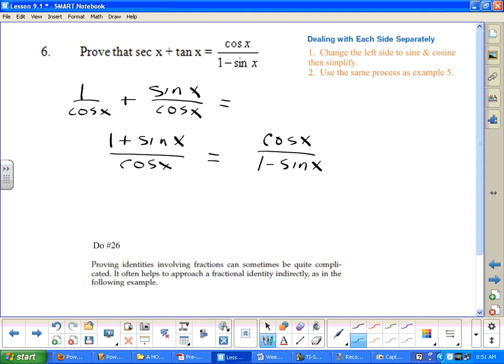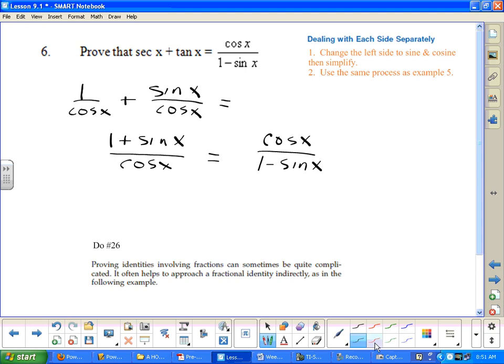Okay. Now here's the thing. I have 1 minus sine of x in the denominator here on the right-hand side. Well, that 1 minus sine of x is half of what? One minus sine of x is half of the difference of two squares, right?